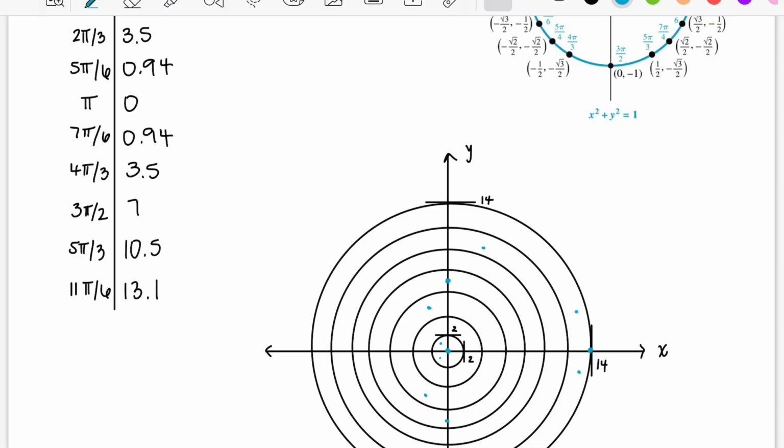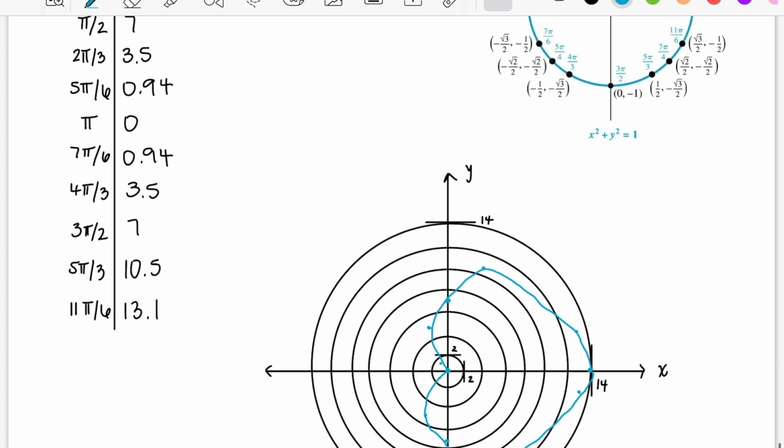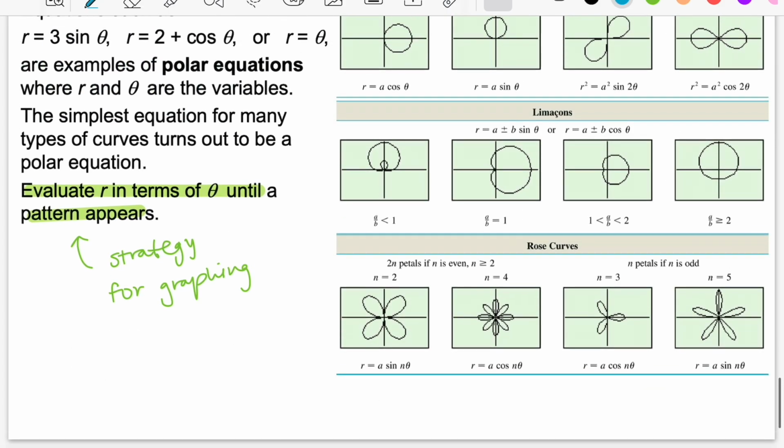Now connecting these points, we end up with a shape. Try to make this as nice as possible. That's kind of similar to this here. All right, and then going back to this table over here, that shape looks kind of like this guy here. So this will be a limaçon.